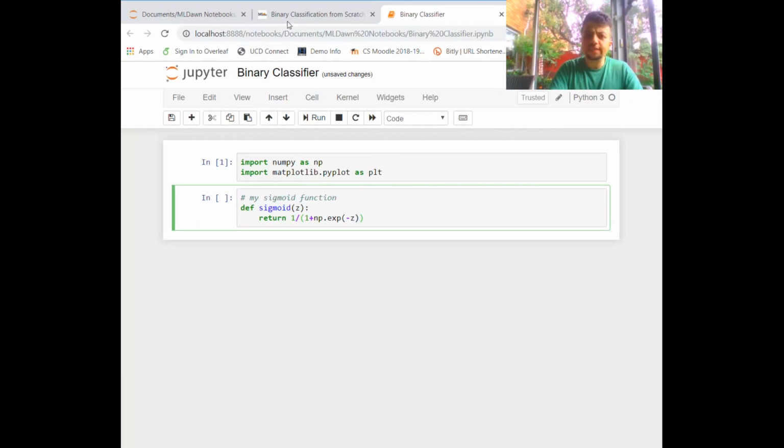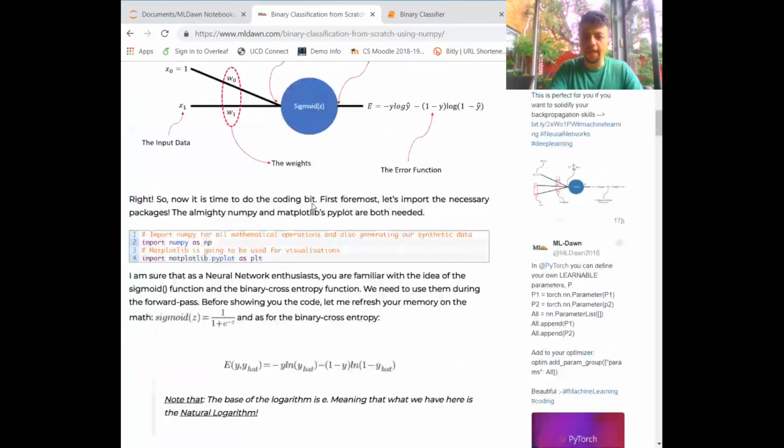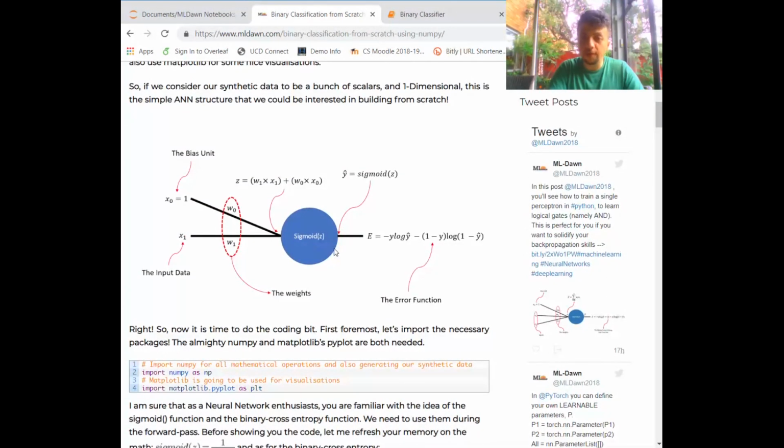And if you look at the diagram over here, the next function that you need is, after you compute the sigmoid of z and you get y hat, you want to evaluate the y hat, right? So you need this cross entropy function. If you look at it over here, you've got minus the ground truth multiplied by the log of your prediction, minus 1 minus the ground truth multiplied by the log of 1 minus your prediction.